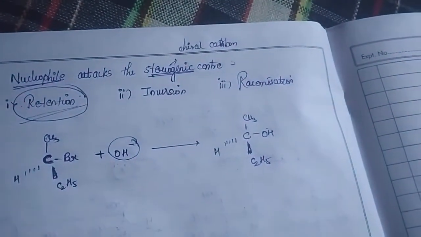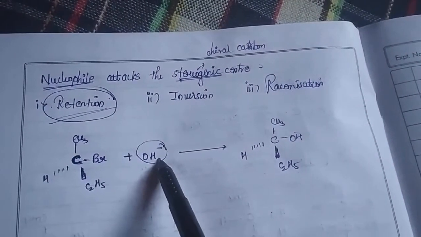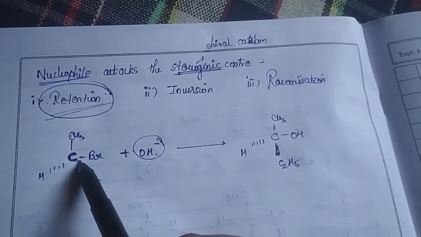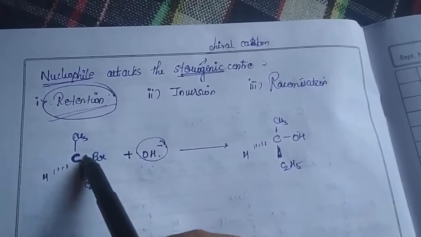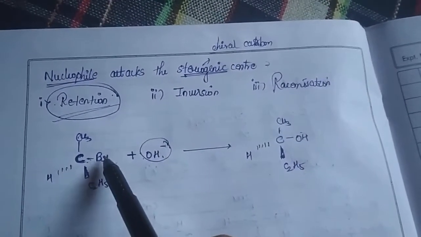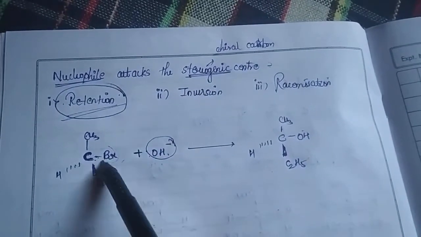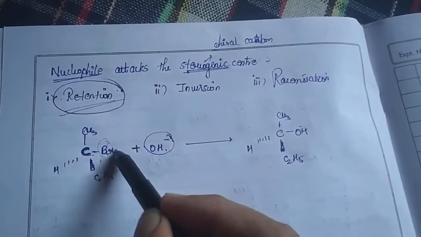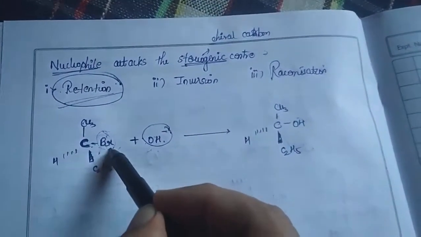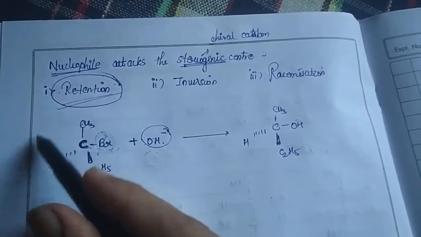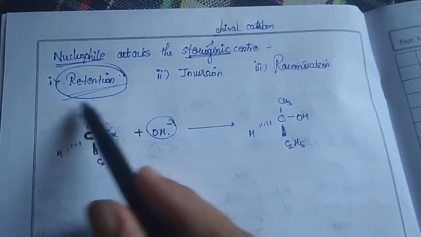What do we mean by retention? Whenever there is a nucleophilic attack on the stereogenic carbon atom, the nucleophile occupies the position of the leaving group, the bromide. Whatever position the bromine was in, our hydroxide ion has come and sat in that same position. So there is no change in the configuration of your structure.